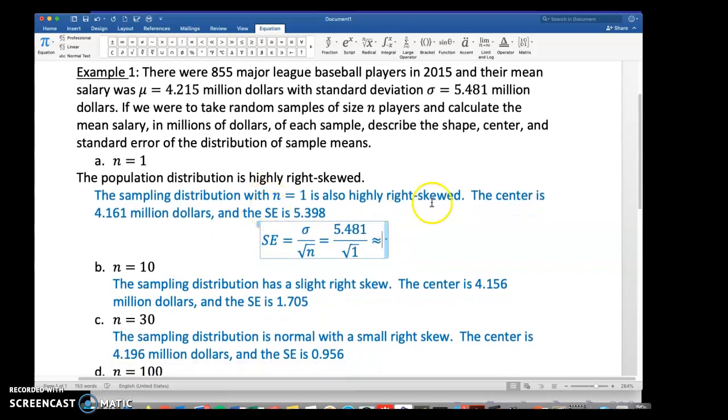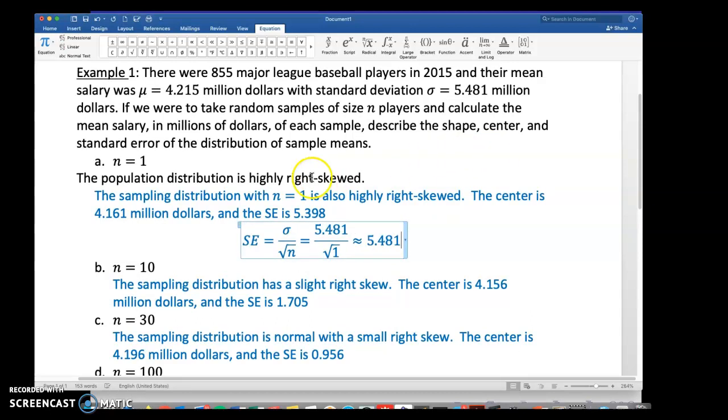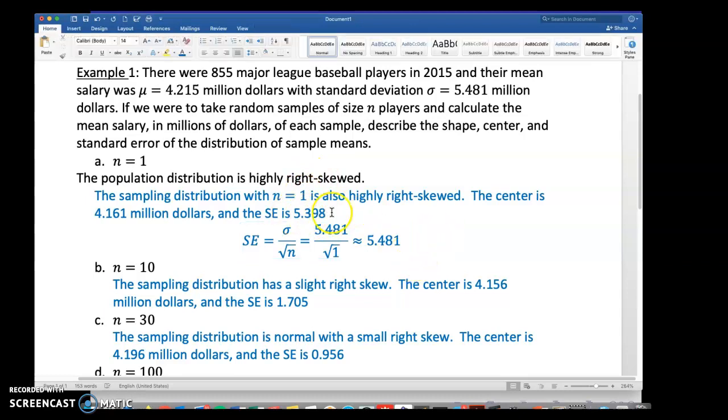So if we take a sample size of 1, the standard error should be about the same as the population standard deviation, 5.481. Notice right here it's not the exact same thing, but fairly close.